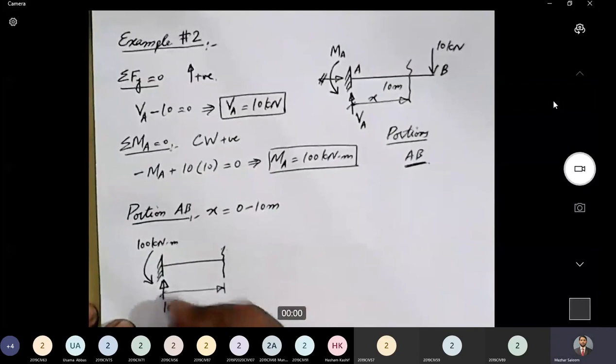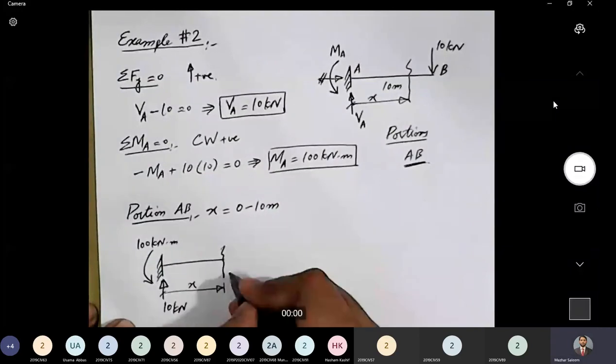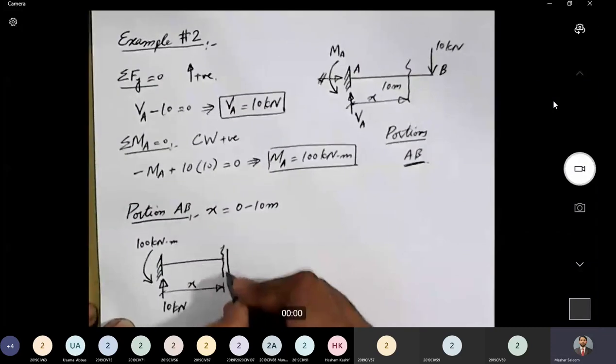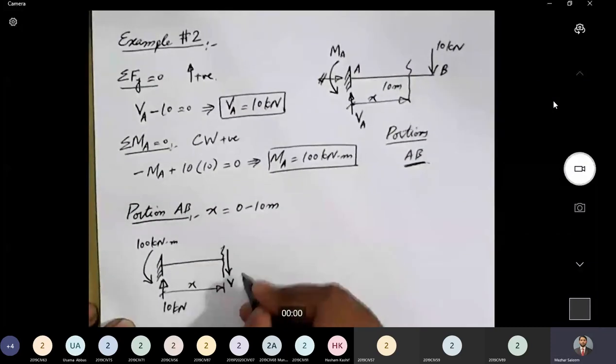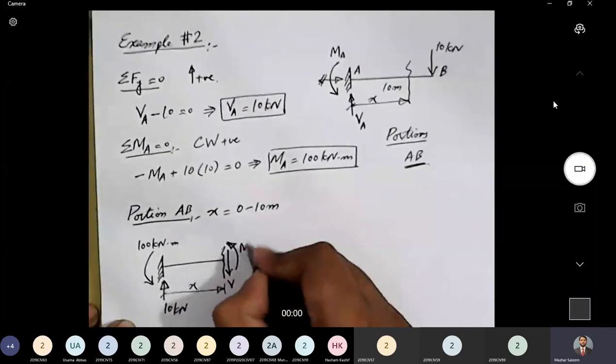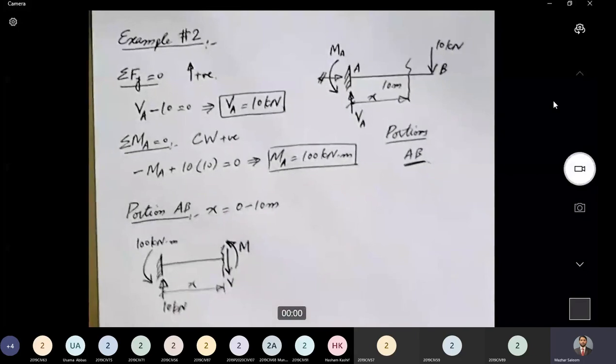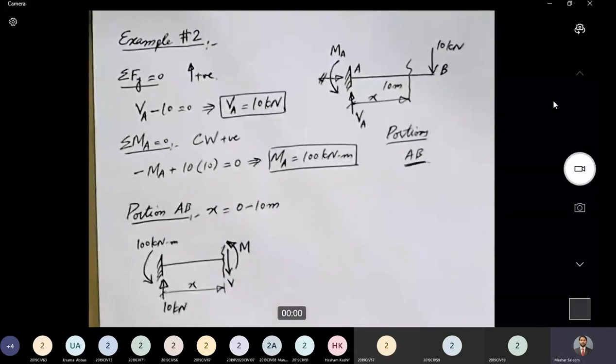This distance is X. At a section, the internal forces will get exposed. According to our convention, shear force is in inward direction and bending moment in counterclockwise direction. So this is the free body diagram for portion AB.